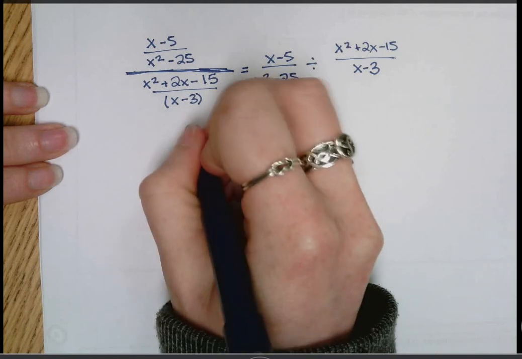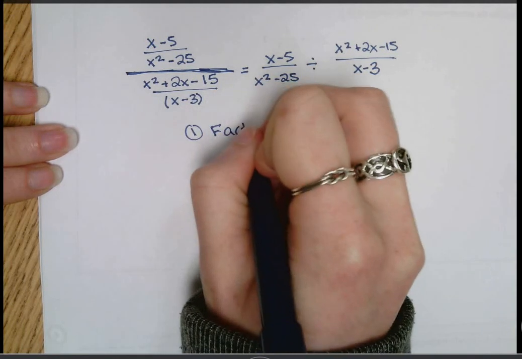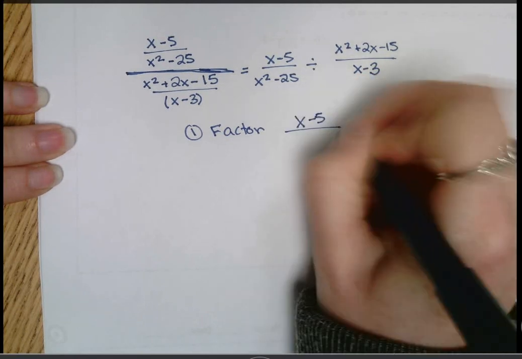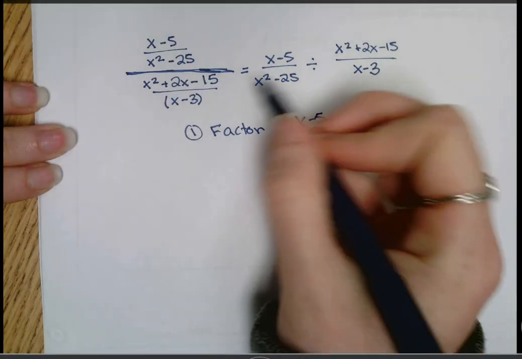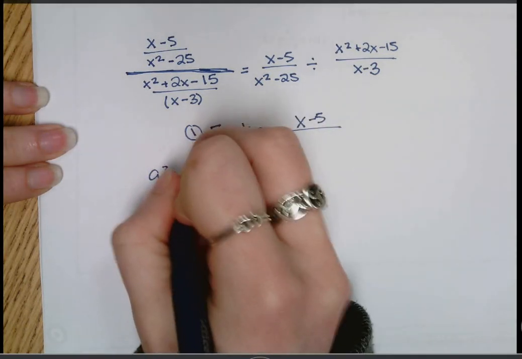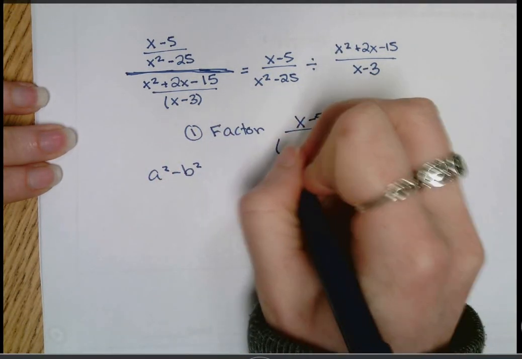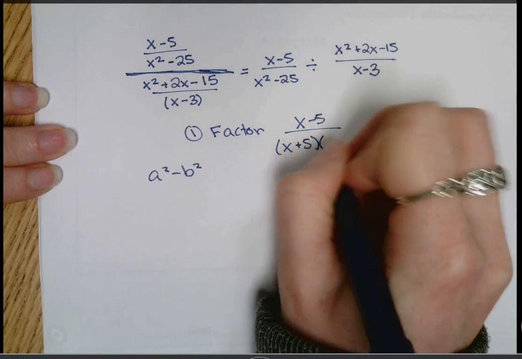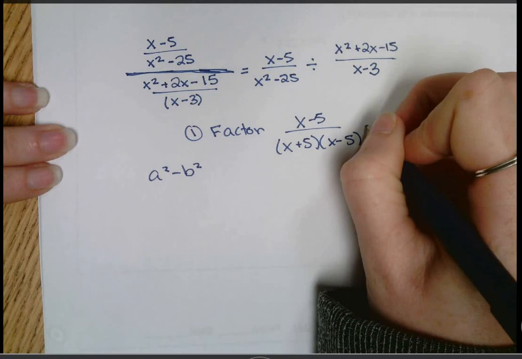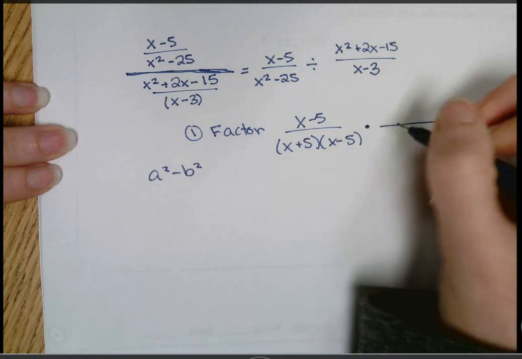So first step is to factor everything. So x minus 5 can't be factored, but x squared minus 25, whenever you see something squared minus a value, you need to think a squared minus b squared. So this is an x plus 5 times an x minus 5. Now, I'm also going to do the reciprocal here.